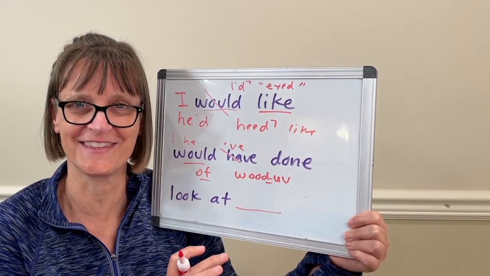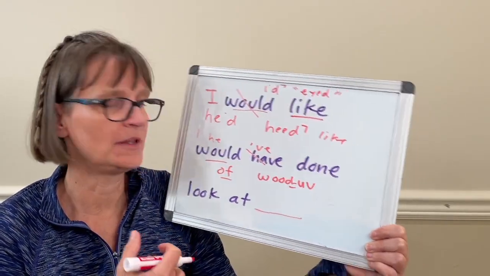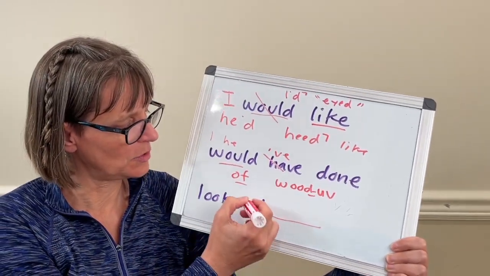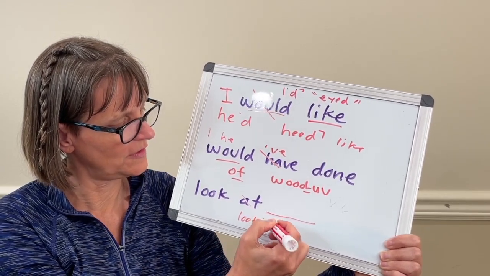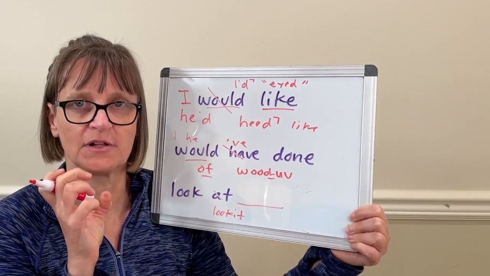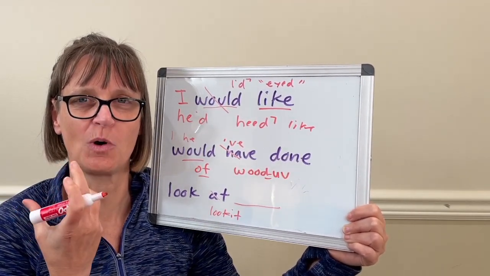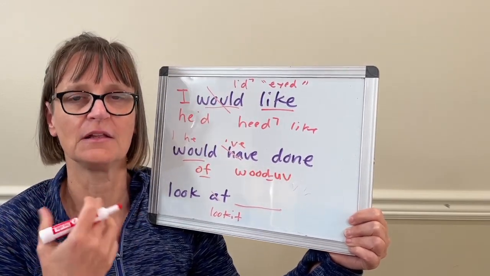If look at comes at the end, it's stressed. But usually it's not at the end. For example, look at that, look at me. And look at then becomes more like look-it, where that vowel gets reduced, shortened, loses its clarity, becomes a reduced vowel, and it's more like a schwa or an ih sound. Look at that, look at me.